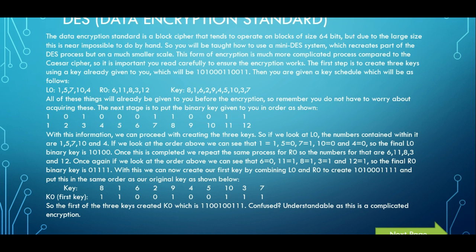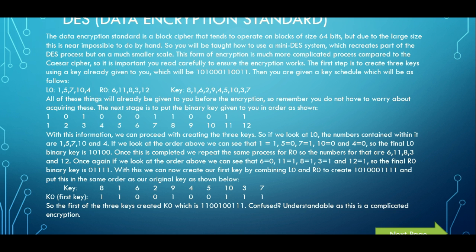So the next stage is to put the binary key given to you in order. As we can see here, we've done that. There's 12 binary numbers, and you just count them up to 12. Then after that, we can proceed with creating the three keys to eventually lead to the encryption. If we look at L0, the numbers contained within it are 1, 5, 7, 10, and 4.